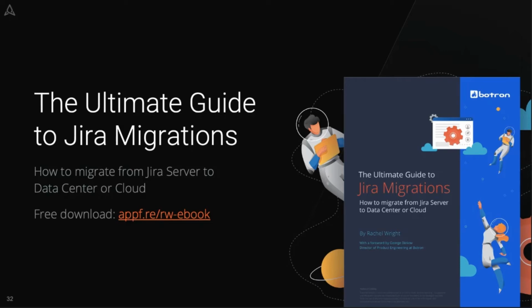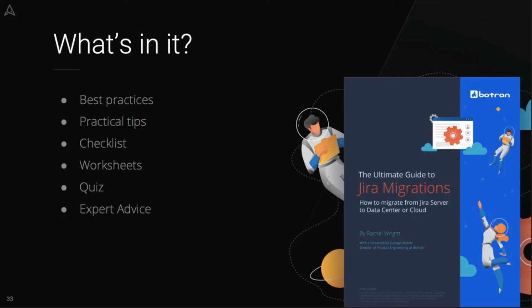She's great. If you don't know Rachel, I highly recommend reaching out to her on LinkedIn and seeing all the resources that she has available. But yeah, the Ultimate Guide to Jira Migrations is a resource available to you for free.